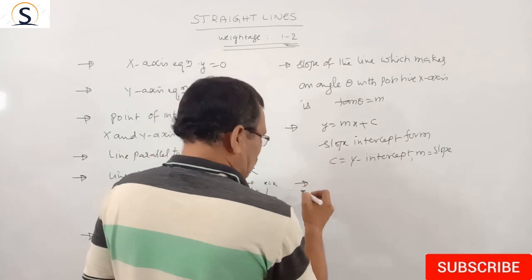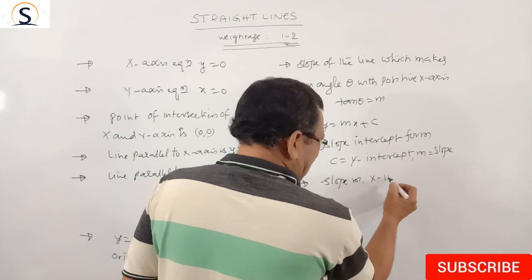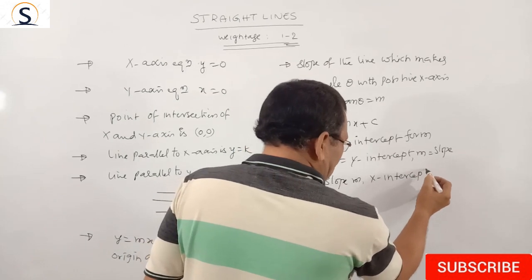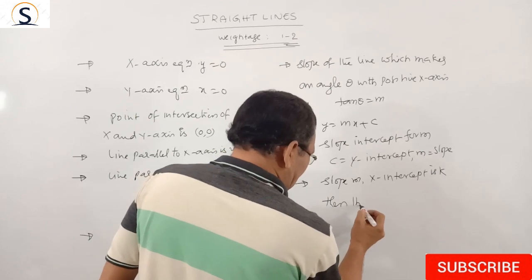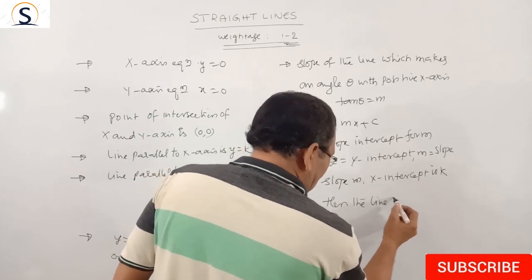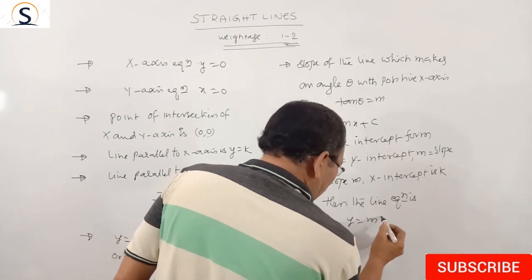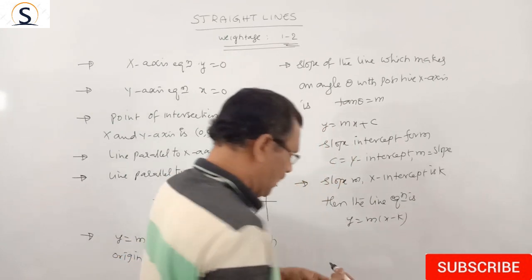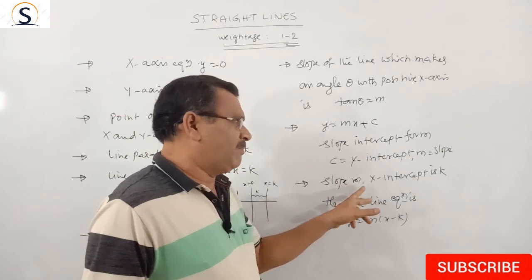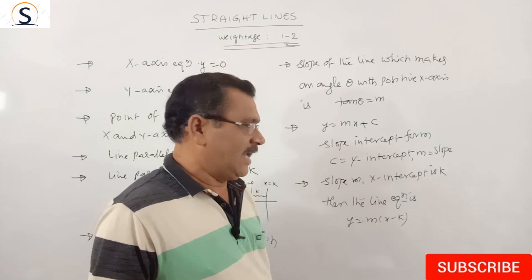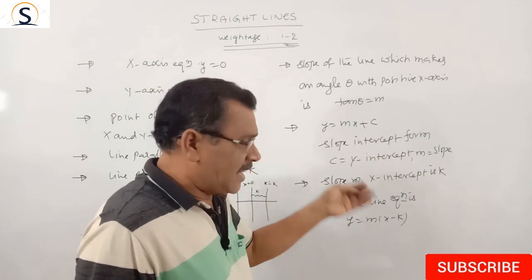Next, if the slope is m and the x-intercept is k, then the line equation is y is equal to m into x minus k. This is the equation of the line whose slope is m and x-intercept is k. Remember, these are the standard forms.